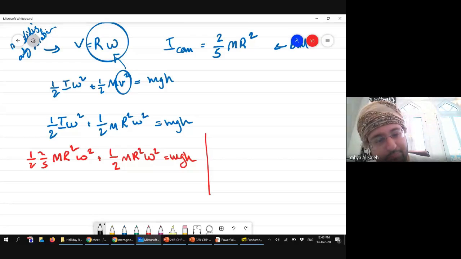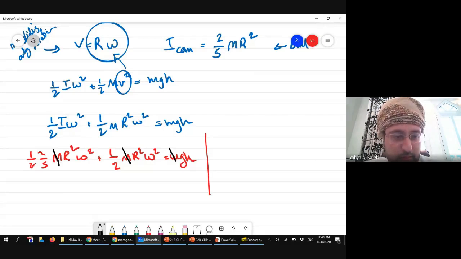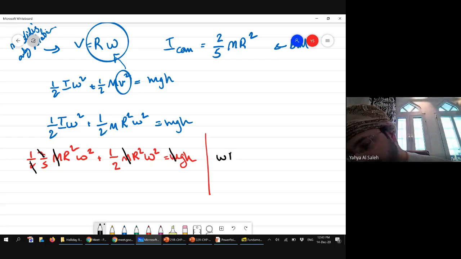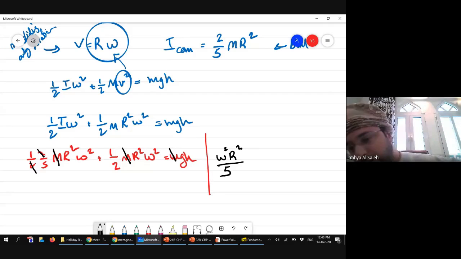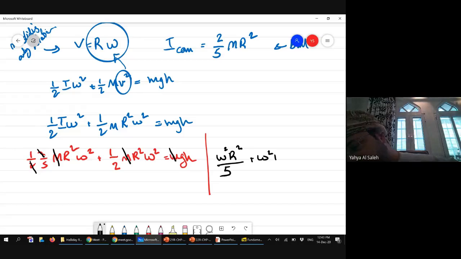Simplifying time, m goes away, 2 and 2 go away. We end up with omega squared r squared over 5 plus omega squared r squared over 2 equals gh.